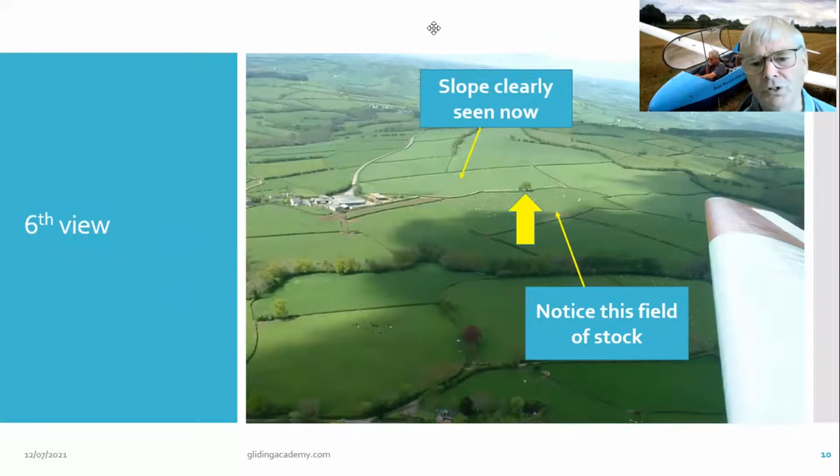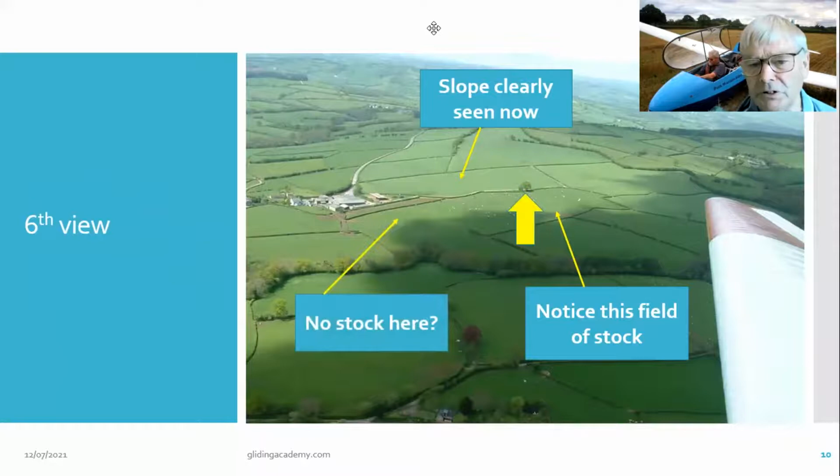But look at this field of stock and we'll compare it to this one. There's no stock in this field. It's the same colour, but there's no stock in it. And we wonder why the stock isn't moving from the right to the left down to that lower part. And giving the game away a little bit is a little stubby hedge there.